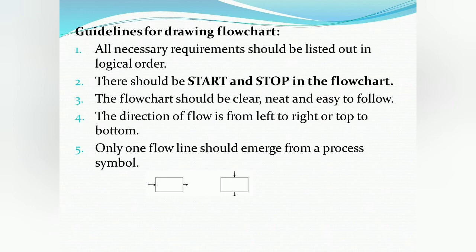The direction of flow is from left to right or top to bottom, which can be shown by using the flow lines. The default flow is left to right and top to bottom. To save time, arrowheads are often only drawn when the flow lines go contrary to the normal.